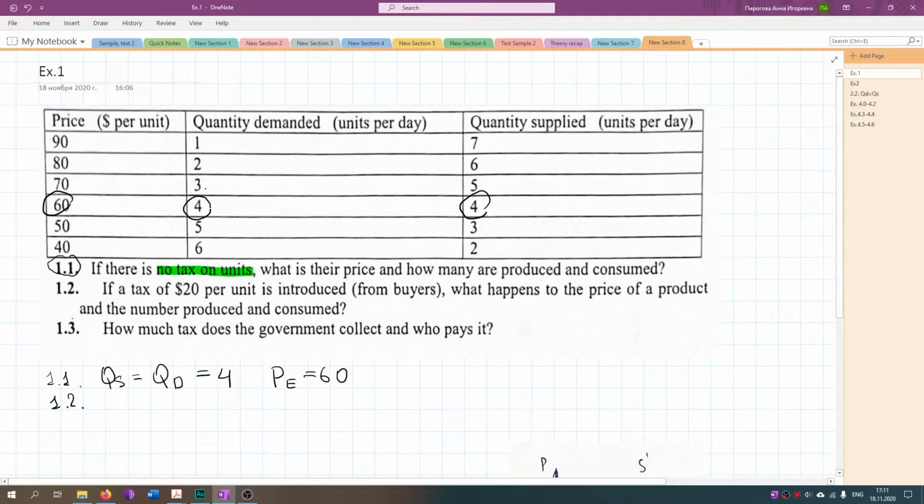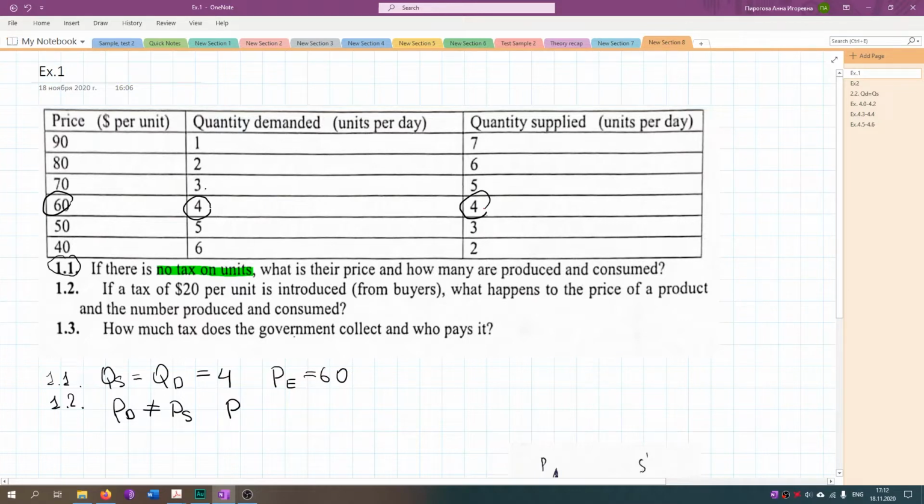Now let's talk about the task 1.2. In this case, we have a tax of $20 per unit, and it is introduced from buyers. So if there is a tax, we will have that price of buyers will not be equal to price of sellers. Instead, we will write an equation which represents the relationship between price of sellers and price of buyers.